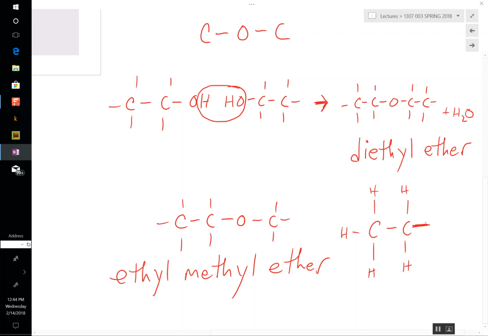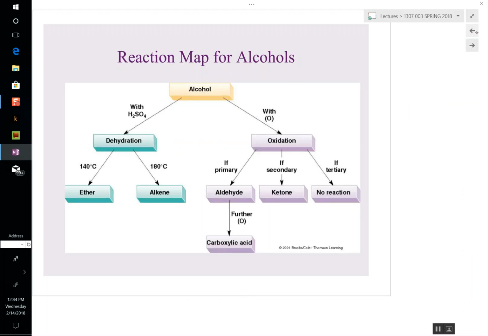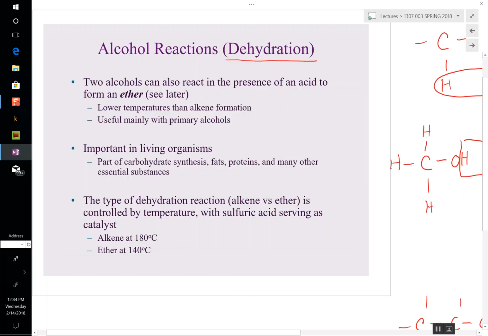Okay? We're going to get to a more complicated ether that you say, oh, that's not a substituent. That's a lot longer. And we're going to have to figure out how to name it. But I'm just saying, well, let's go to this next one. Oh, that shouldn't have been the next slide.